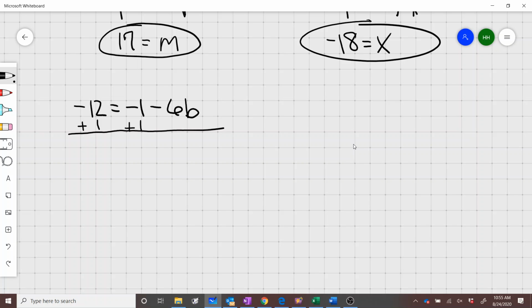Negative 12 plus 1. Good, negative 11. Now what comes down, all of this, right? The negative 6b. Now, what are we going to divide both sides by? Negative 6 and negative 6.